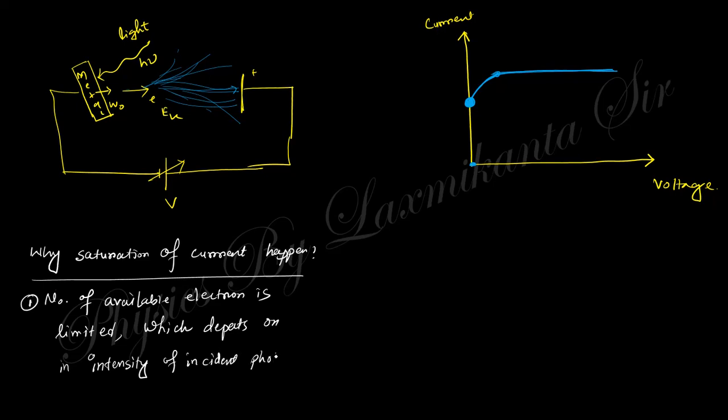Okay, so I think that is clear. Since the incident photon intensity is fixed, the number of available electrons is fixed, and that's why the current will be saturated.